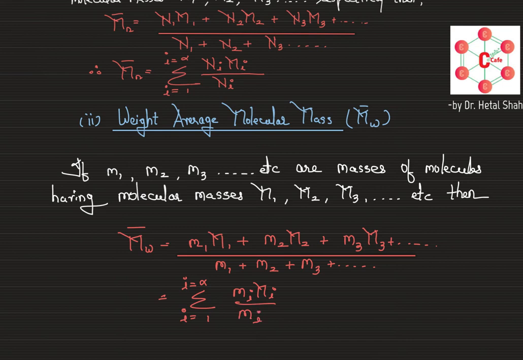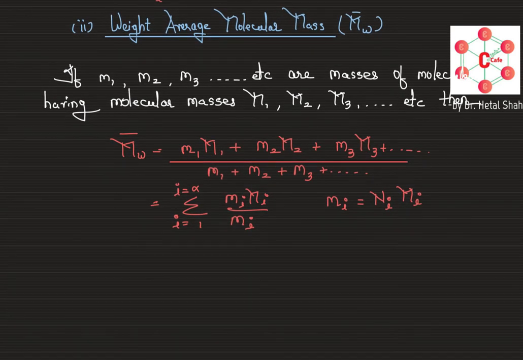So this is the first part that we have, but you know that small mi is nothing but the number of such molecules into molar mass or molecular mass, right? So small mi can be given as capital Ni, the number of such molecules, times their respective masses.